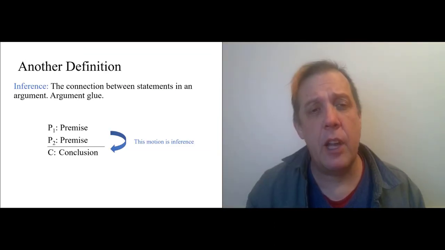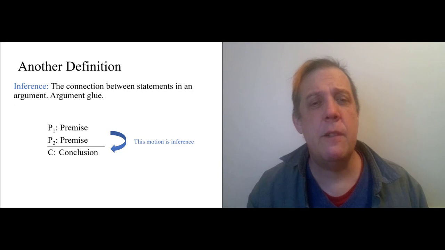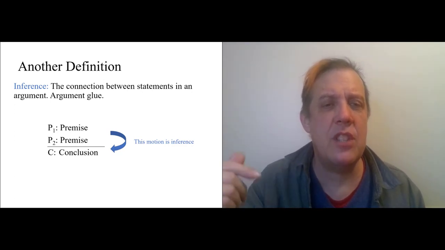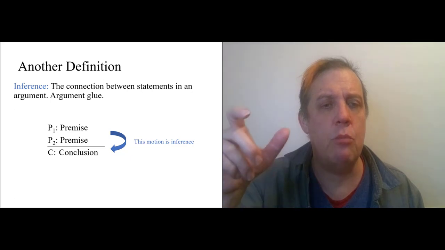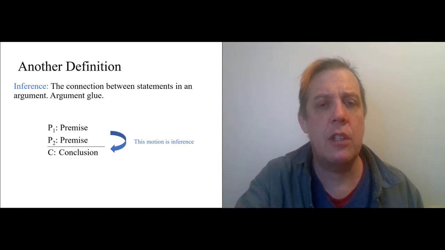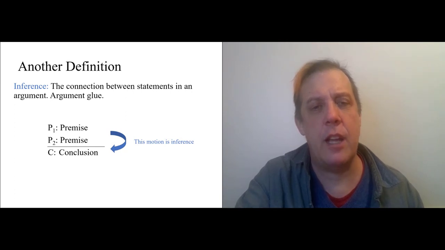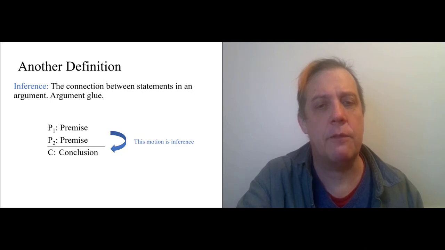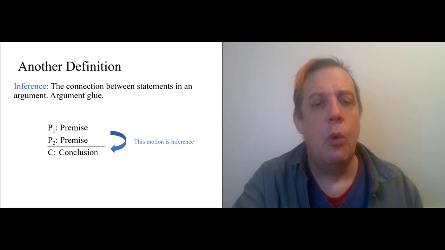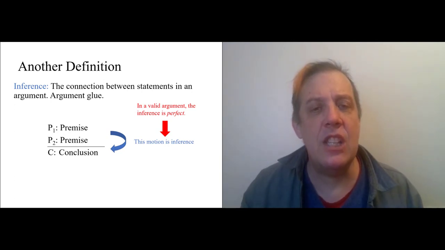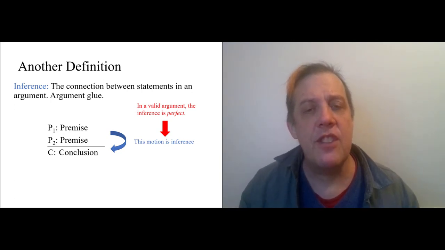All right, remember this slide from a video last week? We defined an inference as the connection between statements in an argument. So when you move from the premises to the conclusion of an argument, you are making an inference, right? The connection between premises and conclusions is the inference. So when we say that an argument is valid, what we mean is that the inference, that connection, is perfect.